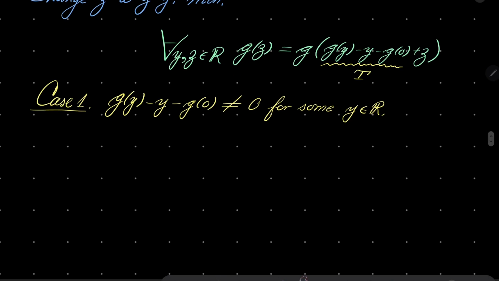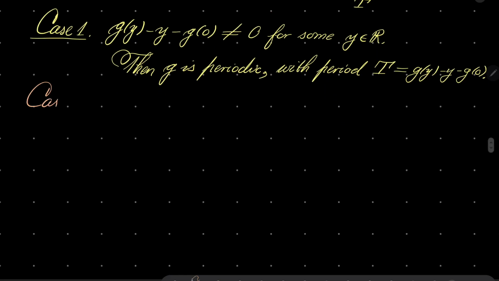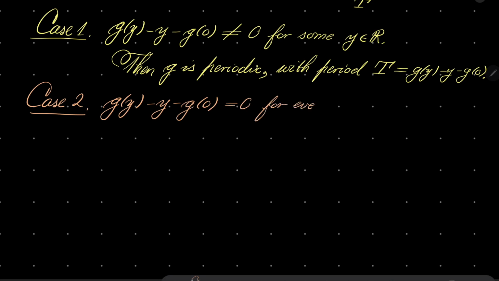So g is periodic with period t equal to g(y) minus g(0). So our function is periodic. Second case. Case number two says that g(y) minus g(0) equals 0 for every real number y.